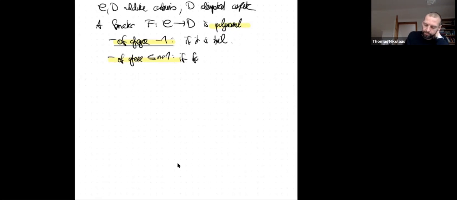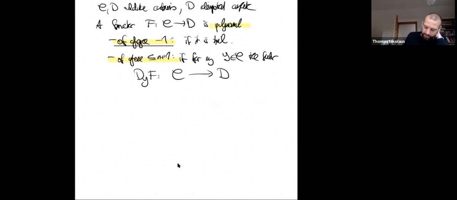for every Y in C, the functor d_Y f, which is a functor from C to D as well, sends x to f of x plus y minus f of x.